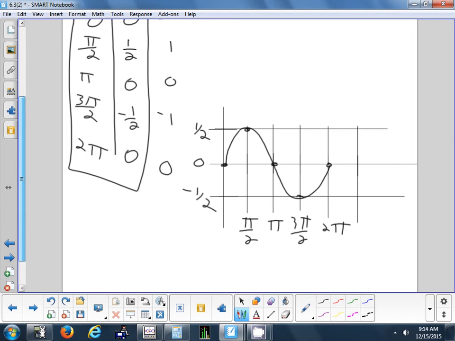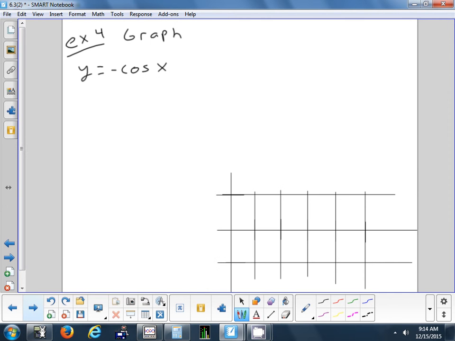All right, so we'll do one more example that falls into the category of an amplitude change, but a little different. What's the amplitude of this function? 1. If you want to imagine there's a 1 right there, you can.